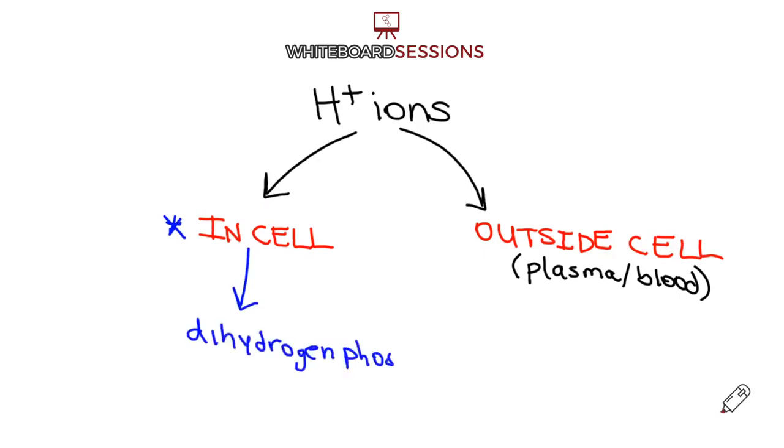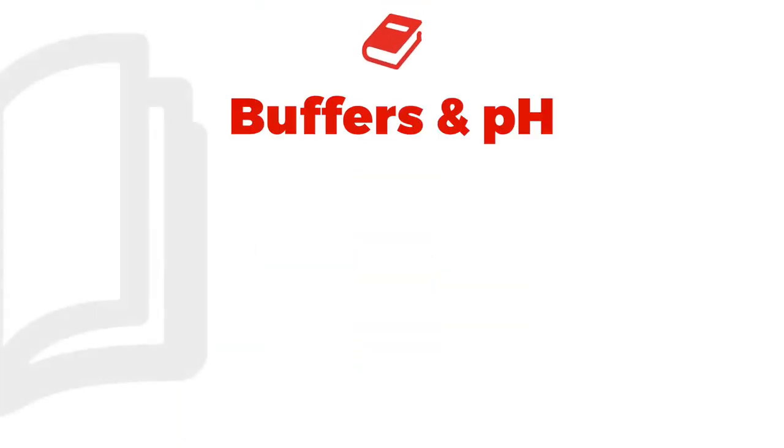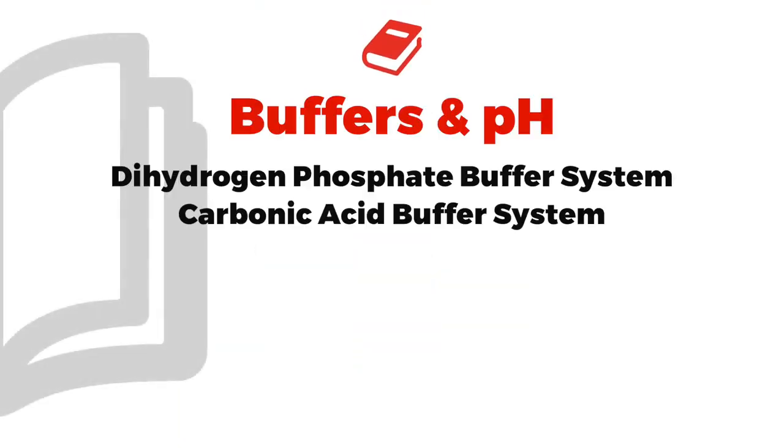In other cases, they've asked what's going to be the main buffer when H+ ions are released outside the cell, and that's going to be carbonic acid. If you look at the bullet points in your notes, it's mentioned right there. Both of those have been asked on old tests. The question will differ based on whether it's in the cell or outside of the cell.